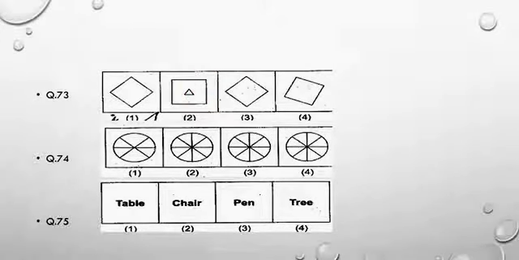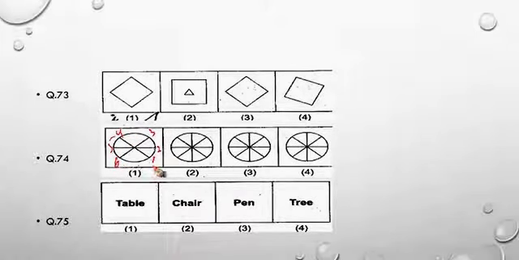Let's move on to the next question. In the next question there are four options given. In the first option there is a circle which has been divided into parts with the help of lines. Let's count the number of lines. 1, 2, 3, 4, 5, 6.